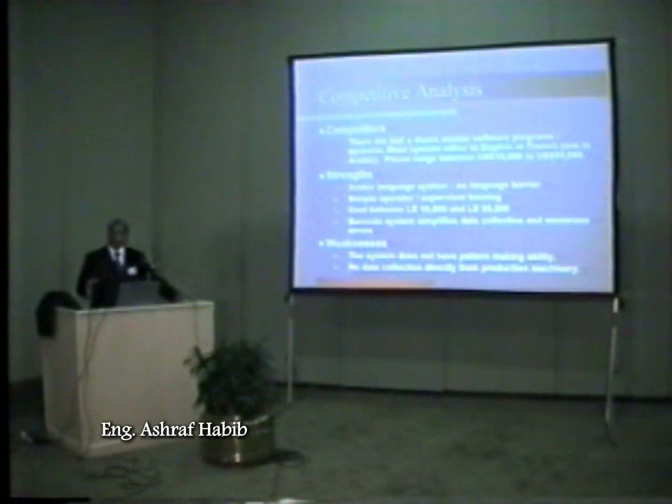Now, there's a lot of competitors on the market. There's half a dozen similar software program systems, most operating either in English or French. I know one in Arabic, I don't know much about it. The price range is from $10,000 to $50,000. $50,000 is 300,000 pounds. I have a garment factory, it does not cost me 300,000 pounds.